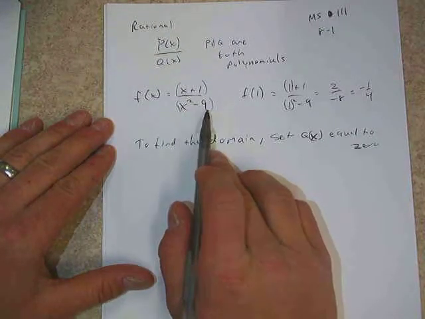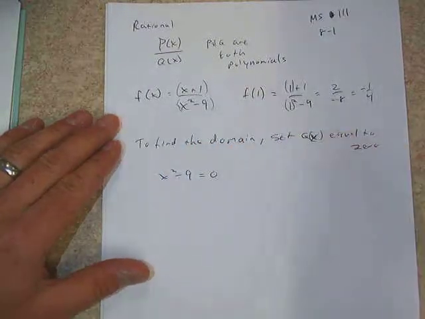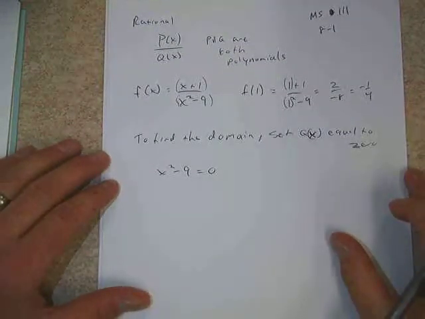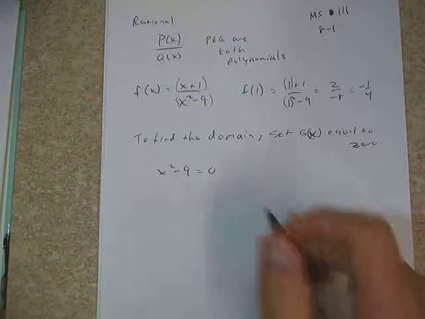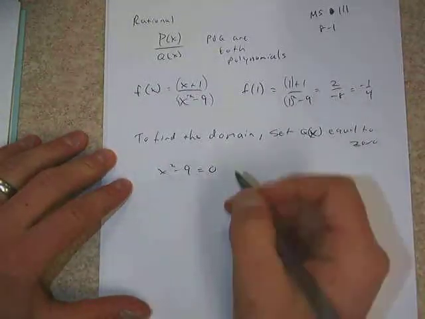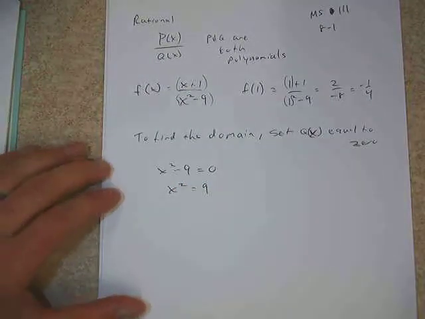Because with a rational function, one thing that we can't have in math is a 0 on the bottom of the fraction. If we do, we have something that's undefined. So we want to find out what is going to make the bottom 0. And those numbers that we find, if we find any, are going to be the numbers that we can't have be part of this function.